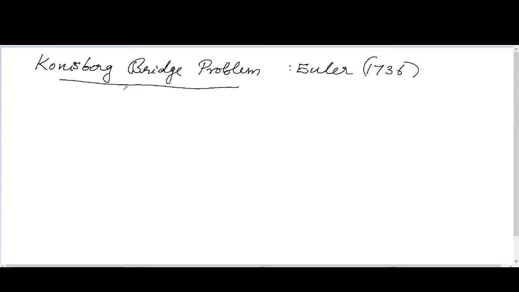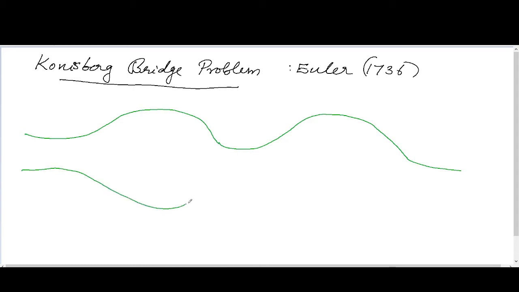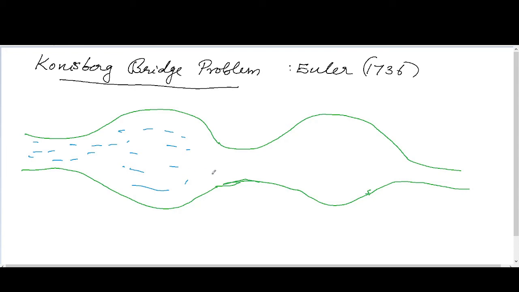So we can see the pictorial representation of the Königsberg bridge problem. Here I am drawing our river, the Pregel River. Suppose this is our river, and the water is flowing like this.